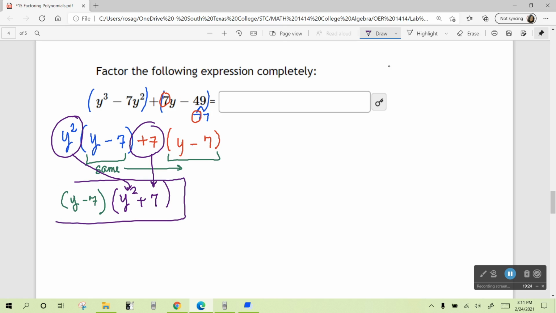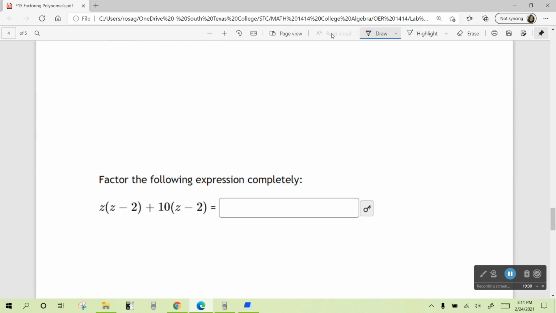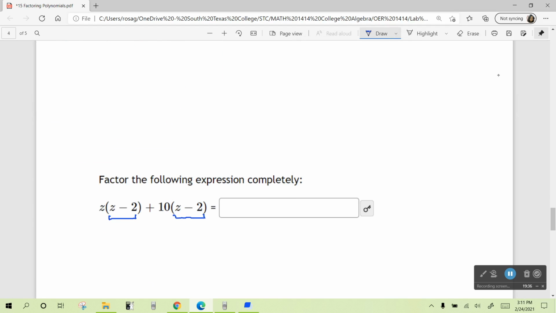And that is the factor. Now, if you look at this one here, for example, this one already has the parentheses the same. So you're going to write them once. And then your other parentheses are going to have what's outside.